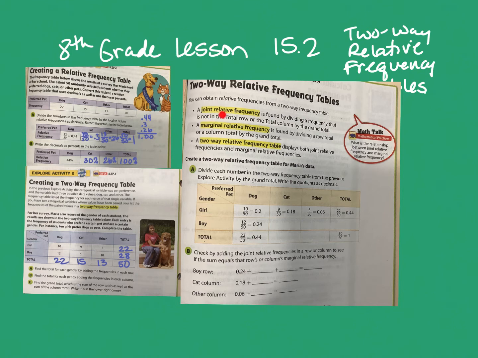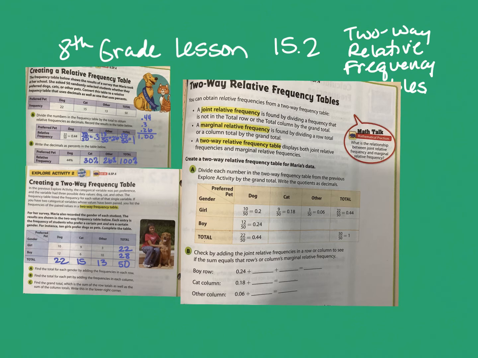You have a joint relative frequency. That's found by dividing a frequency that is not in a total row or column by the grand total. And then a marginal relative frequency is found by dividing a row total or column total, either here or here, by the grand total.